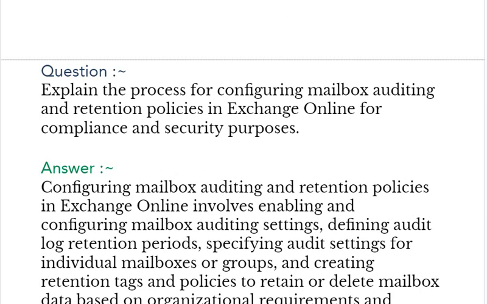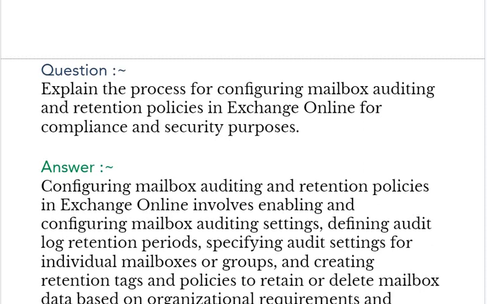Our next interview question is: explain the process for configuring mailbox auditing and retention policies in Exchange Online for compliance and security purposes.